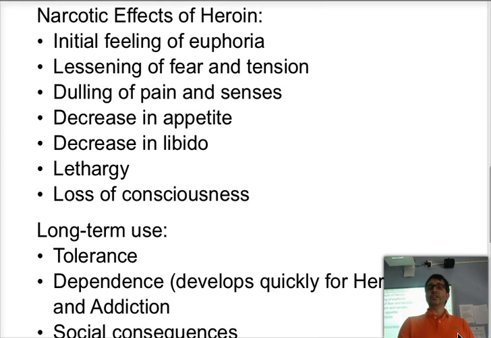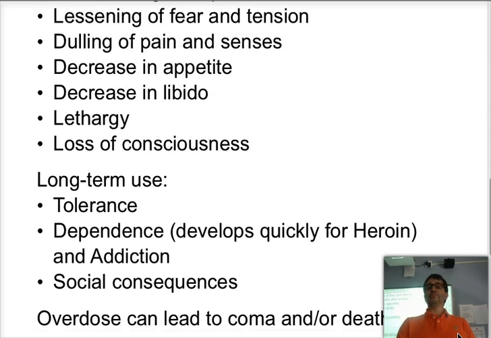Long-term use will lead to tolerance, and tolerance requires you to use more of the drug, and therefore you will get dependence. And in addition to dependence, you can get addiction. It means that you will have withdrawal symptoms. When you have tolerance and addiction, normally there are going to be social consequences.